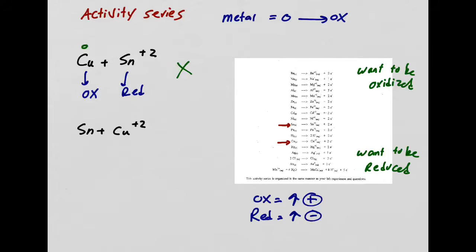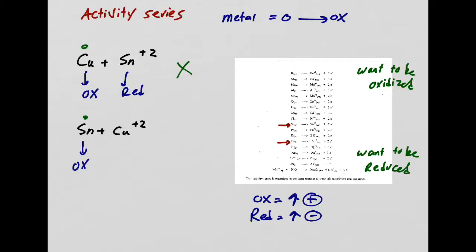Now, let's go to the next one. I have tin here. What's the charge of tin? Hopefully you're yelling at me that it is 0. If you're a metal and you're 0, you want to become oxidized, because you become a cation, and that's oxidation. Metals have a tendency to become cations because they want to lose electrons.